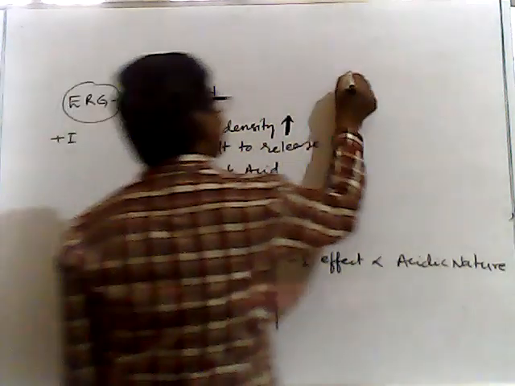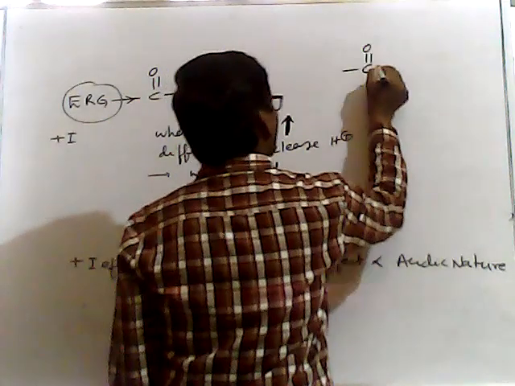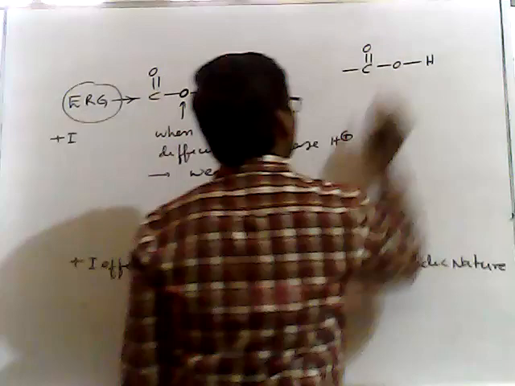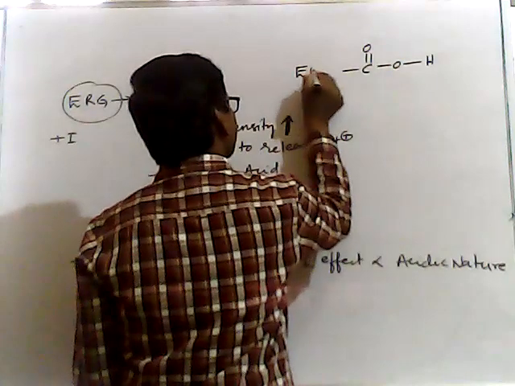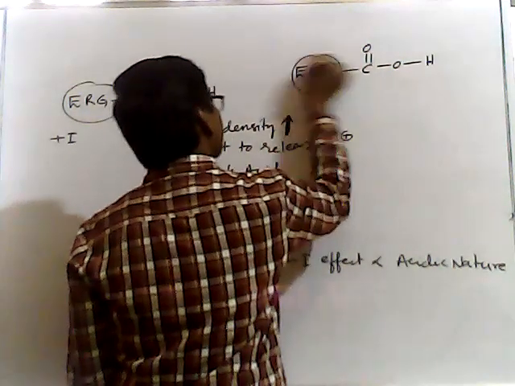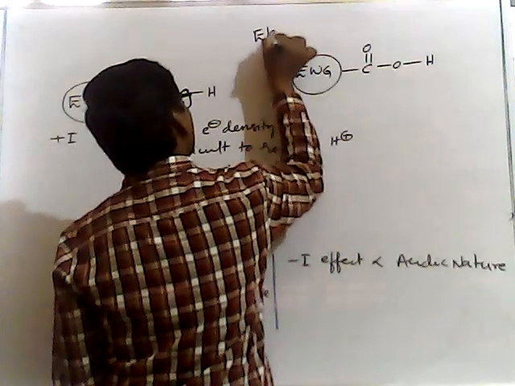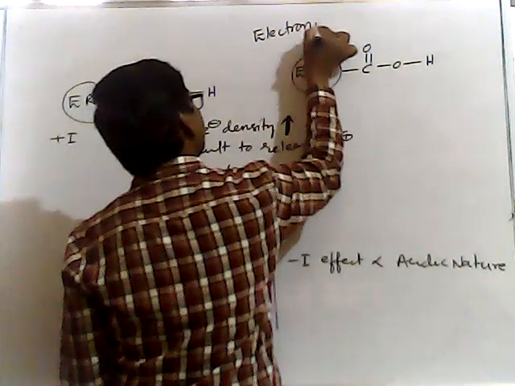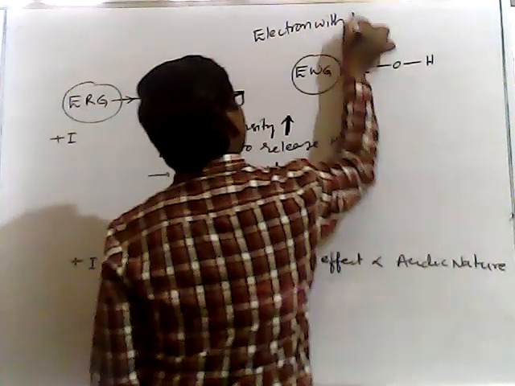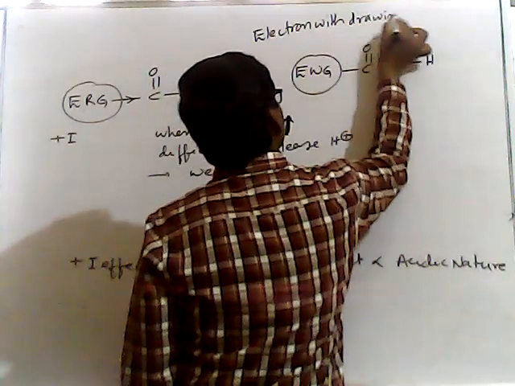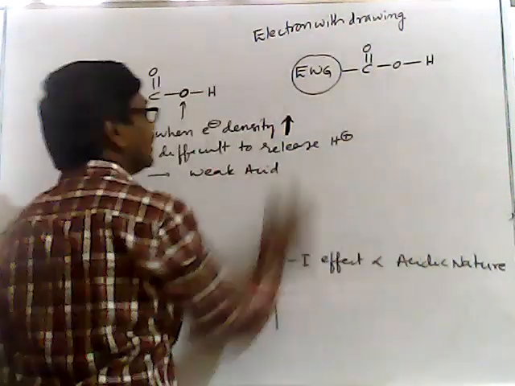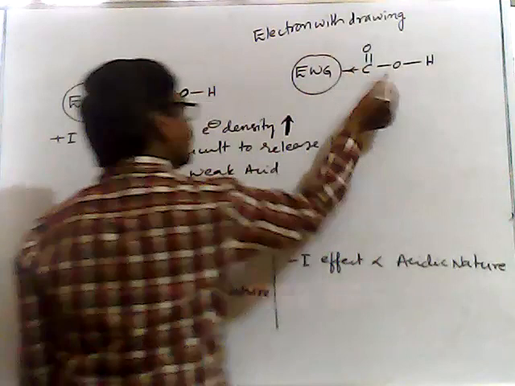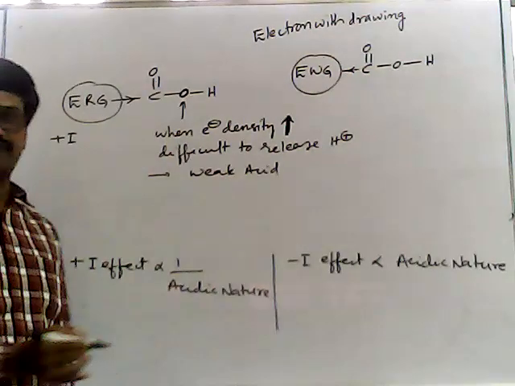Similarly, here C double bond O, OH, I am writing here. If EWG, what does it mean? EWG is nothing but electron withdrawing groups. Electron withdrawing means these can accept electrons from the carboxylic acid framework to themselves.